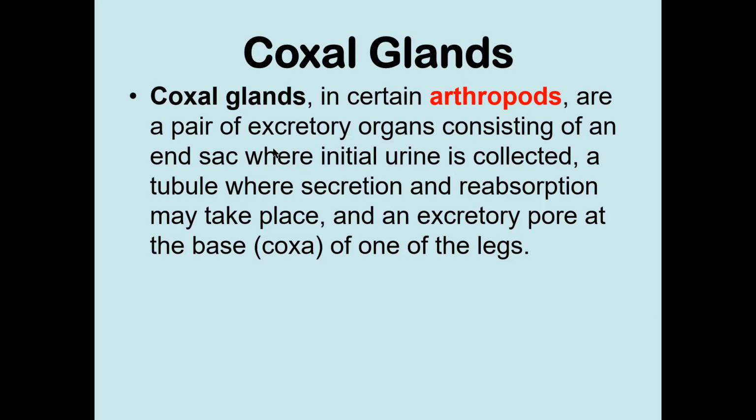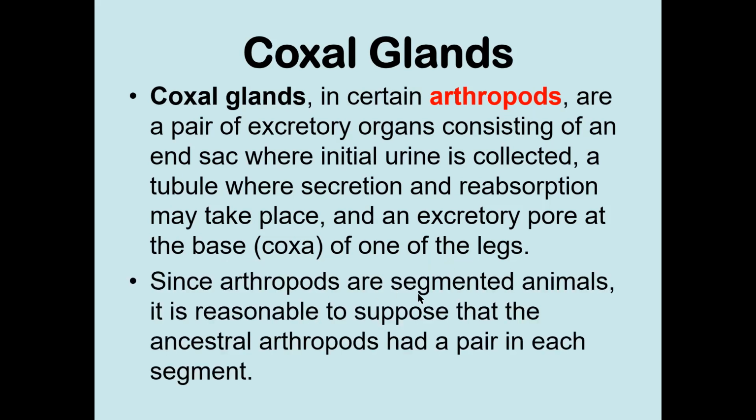And they have a pair of excretory organs, and they consist of a sac, an end sac, where initial urine is collected, and then the tubule where secretion and reabsorption take place, and then there's a pore called the excretory pore at the base, called the coxa, of one of the legs.